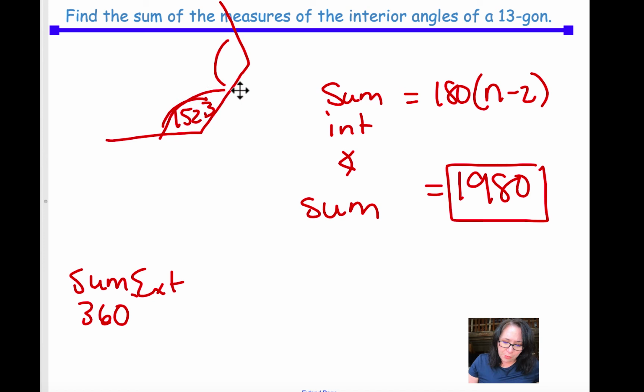Then each exterior angle would be 180 minus 152.3, and that's 27.7. So I have different options. It depends on what they're asking me. But for right now, the sum of the interior angles is 1,980 degrees.